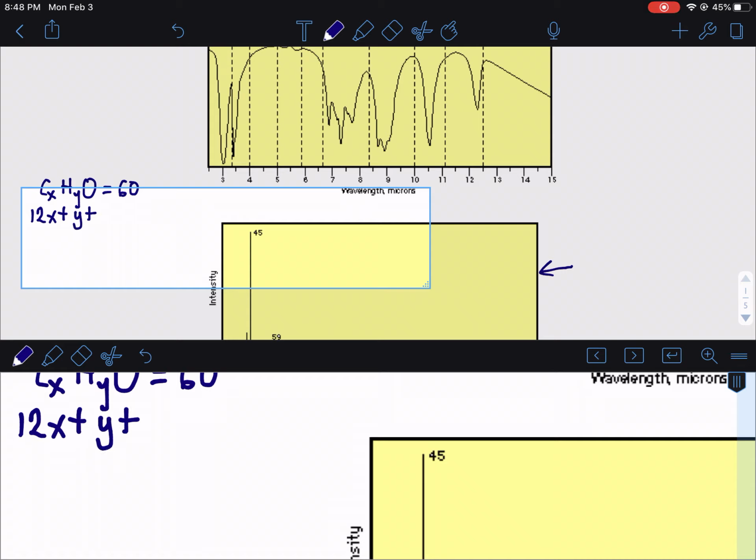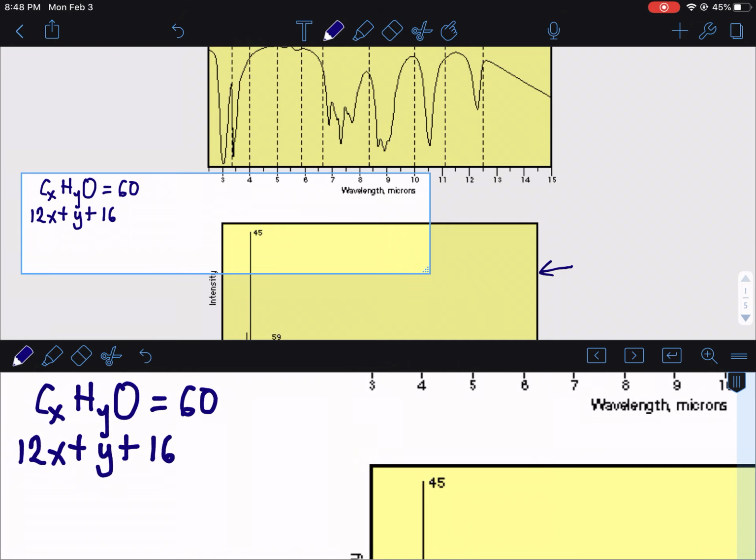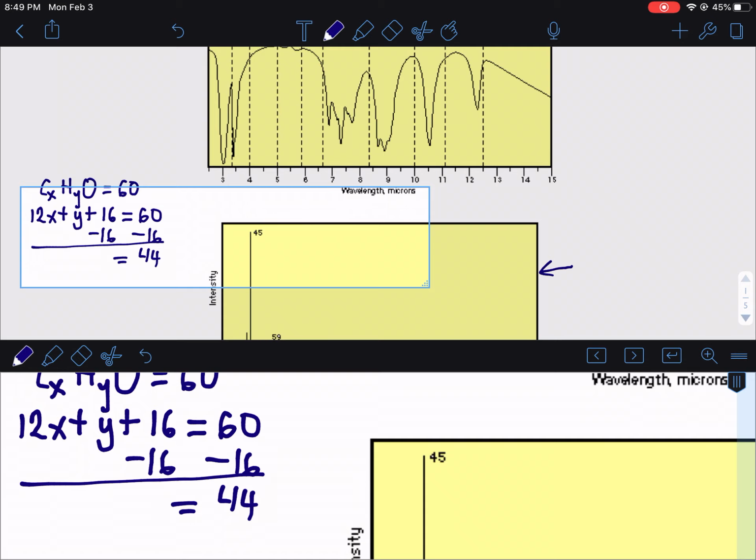And oxygen has a molecular weight of about 16 AMU, and we're only given 1 oxygen, so that would just be 16. We equate that to 60 and solve like regular algebra. You subtract 16 from both sides, you get 44, and that will equal 12x plus y.